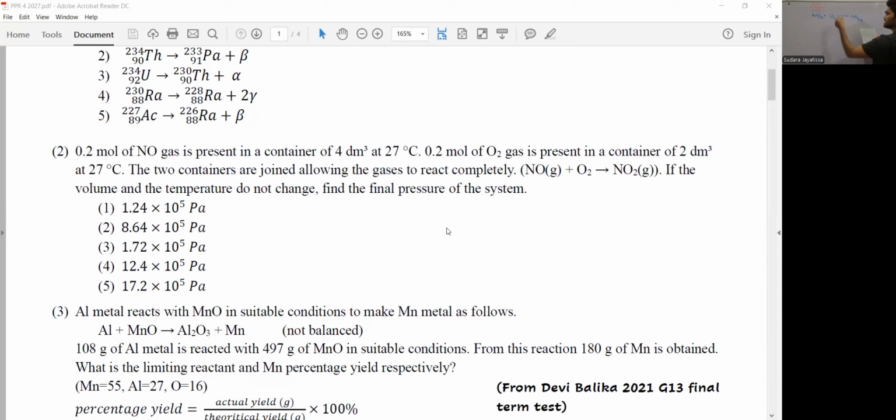It is again another 0.2 moles at the same temperature, 27 Celsius, and the volume of the container is 2 decimeter cube. Now they are telling us the 2 containers are joined. When they join, they react completely, until the limiting reactant is reached, and the volume and temperature are not changed. They are asking for the final pressure.